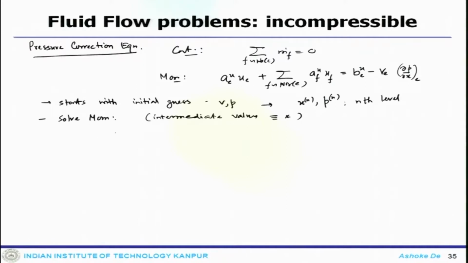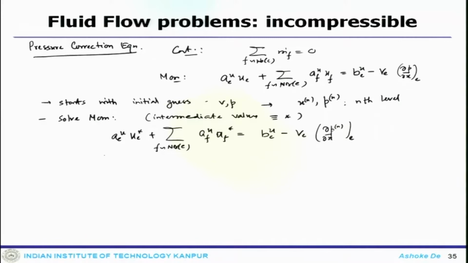So, when you solve that, it gives AU U star plus summation over neighbors of AF UF star equals BE U minus VE del P by del X at nth, at face E. So, the pressure field is still based on the values from the previous iteration.